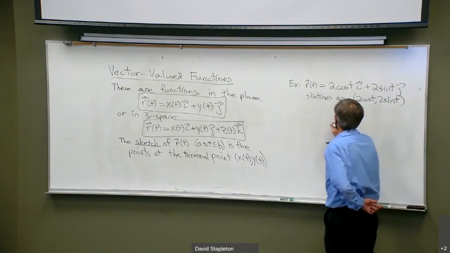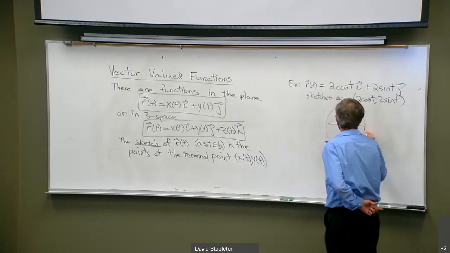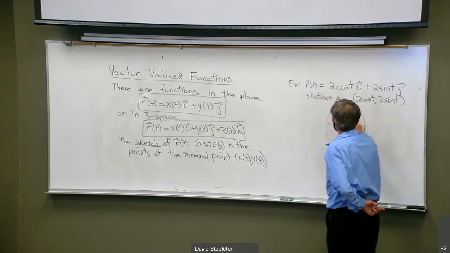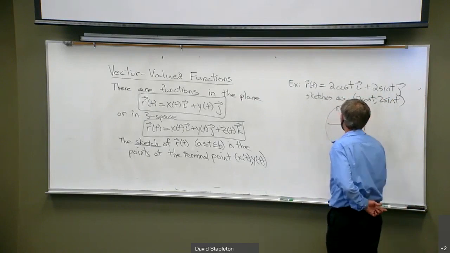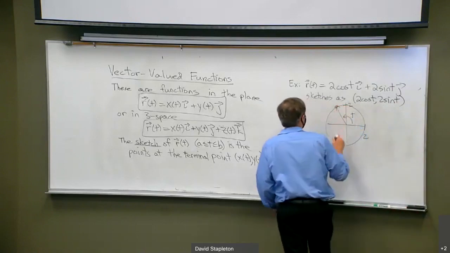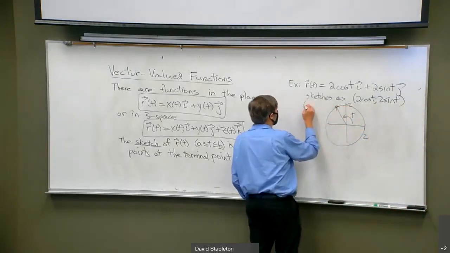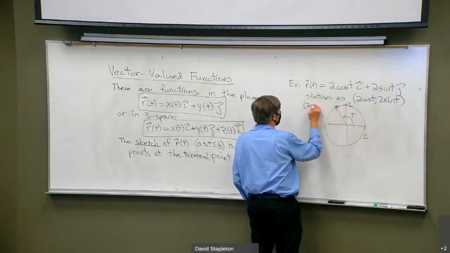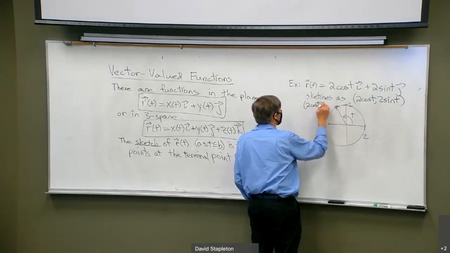And so what we get here is a circle of radius 2. Take any polar angle t, for theta, go to the point not cosine t, sine t like you would on the unit circle, you get to the point that's twice as far out, 2 cosine t, 2 sine t.